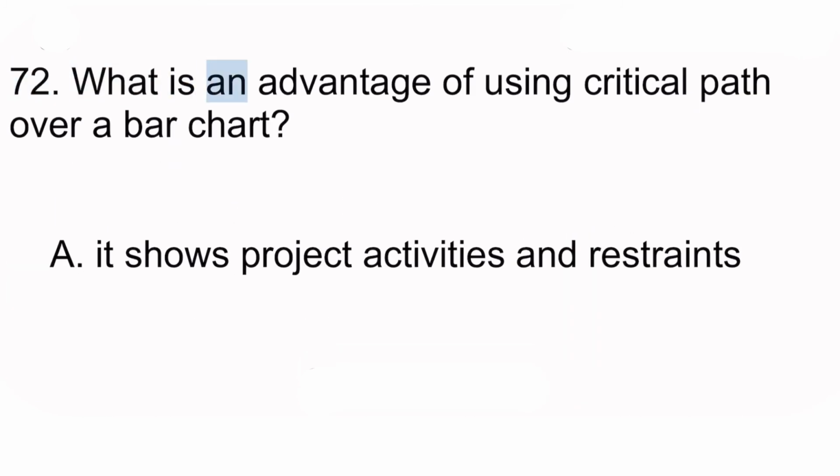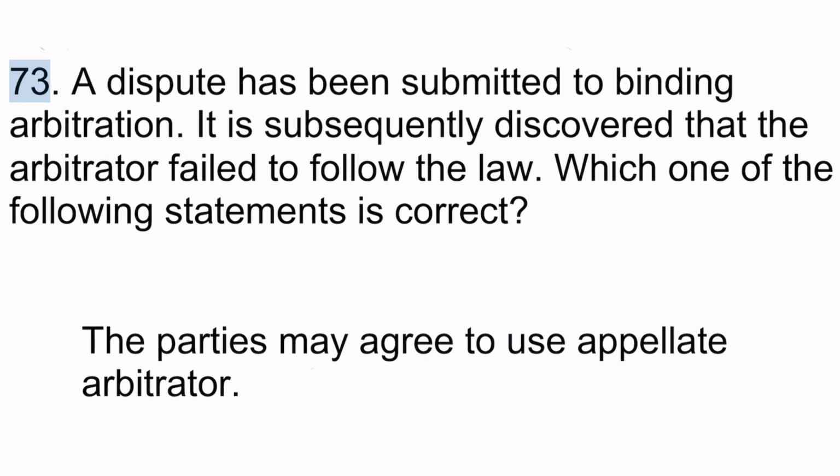72. What is an advantage of using critical path over a bar chart? It shows project activities and restraints. 73. A dispute has been submitted to binding arbitration. It is subsequently discovered that the arbitrator failed to follow the law. Which one of the following statements is correct?